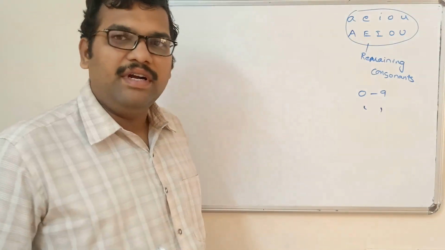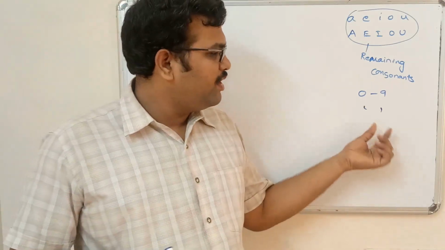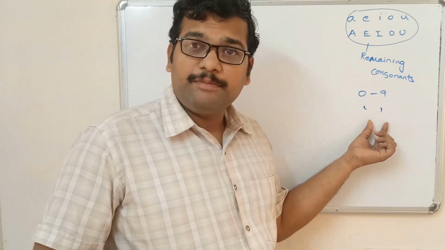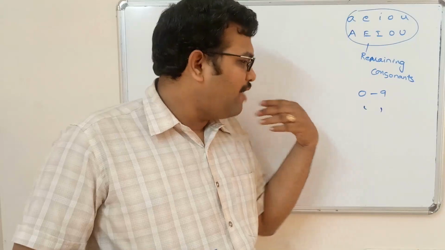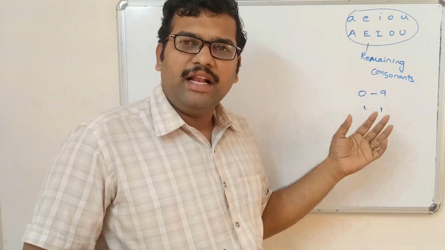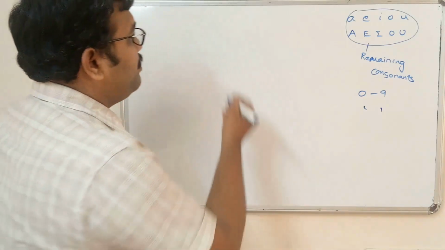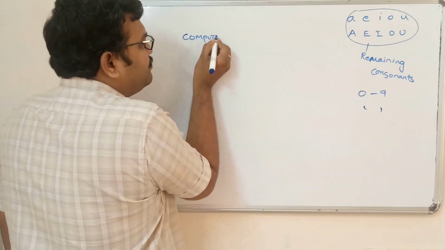And then words, a simple logic. First of all we will count the spaces, and after getting the number of spaces, the number of spaces plus 1 gives the number of words. For example, take the text "computer programming".